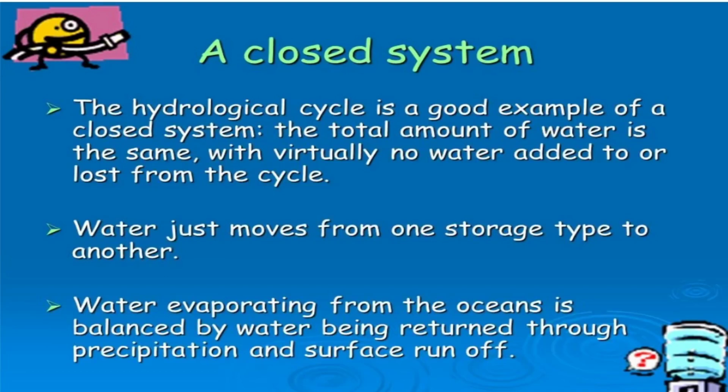The hydrological cycle is a good example of a closed system. The total amount of water is the same, with virtually no water added to or lost from the cycle. So the water just moves from one storage type to another.